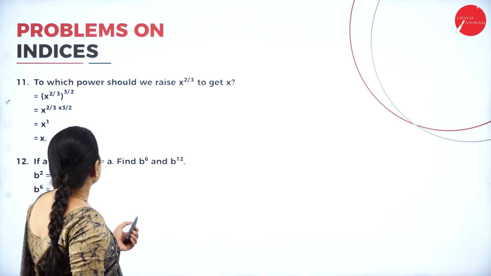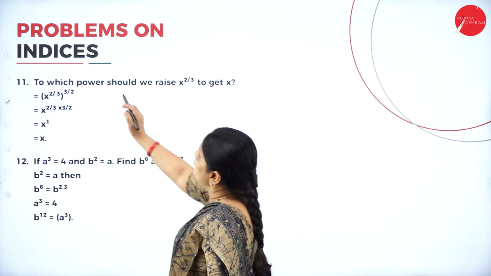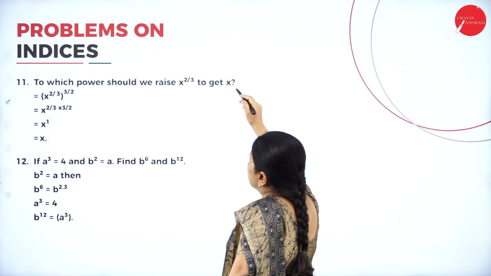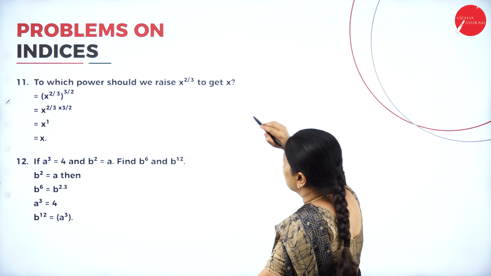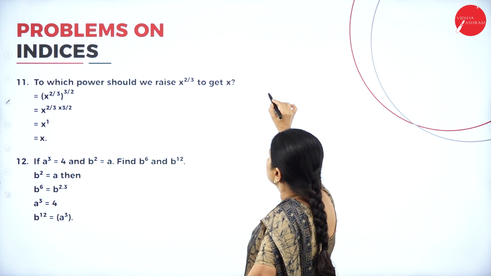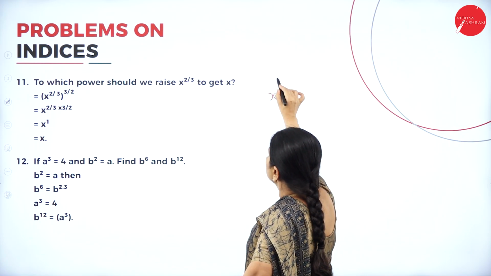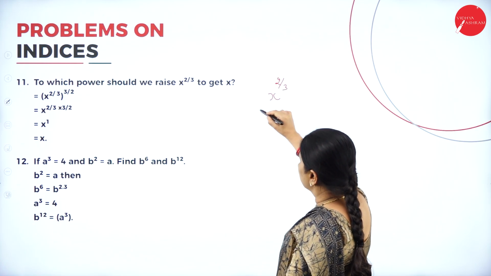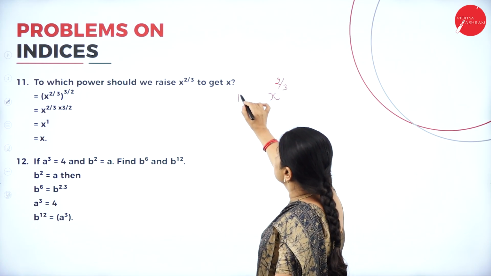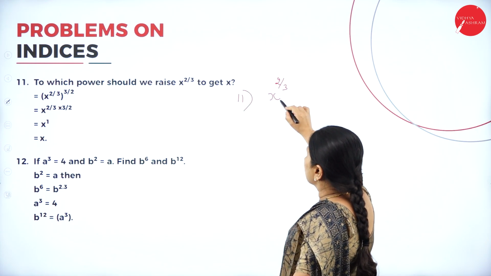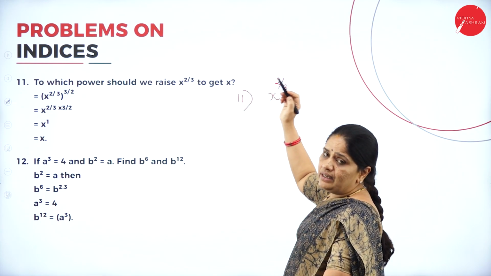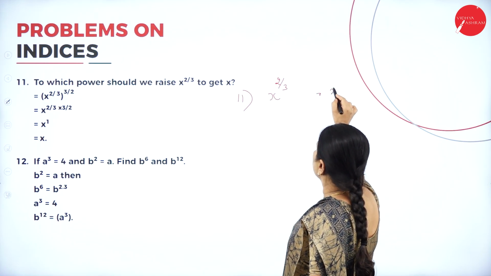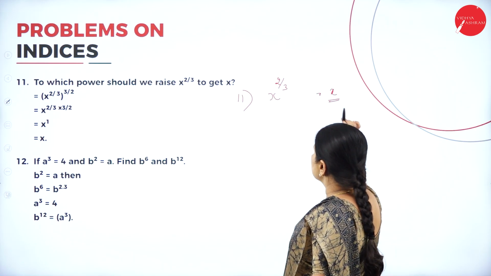Now, the next problem is, to which power should we raise x to the power 2 by 3 to get x? What is the question they have asked? This is the 11th problem. So, x to the power 2 by 3. To what number should it be raised so that we get the whole number as x?